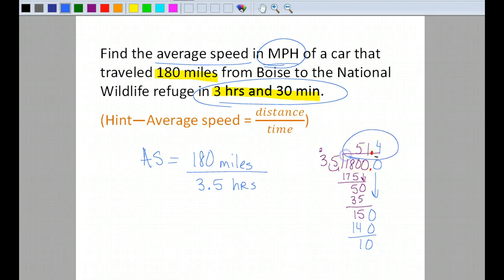So if I were going to say what the speed was, I would say the average speed is approximately 51 miles per hour. And look right here. Miles per hour. I know my units were right. And that's all there is to it.